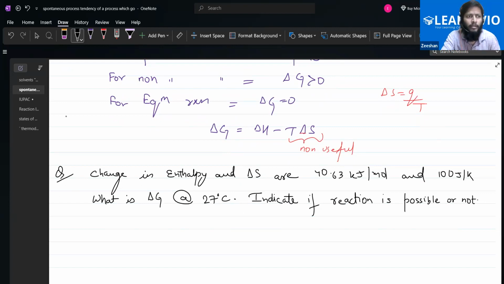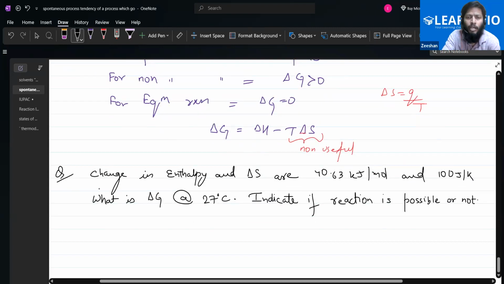Is everybody trying? Yes, you just have to put the data in the formula. You will get the answer.